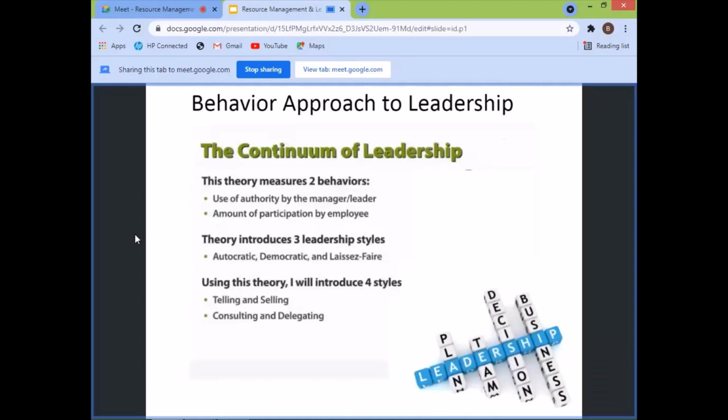Okay, the continuum of leadership. This theory measures two behaviors: use of authority by the manager or leader, and amount of participation by employee. And there are three leadership styles: autocratic, democratic, and laissez-faire, and four leadership styles: telling, selling, participating and delegating.